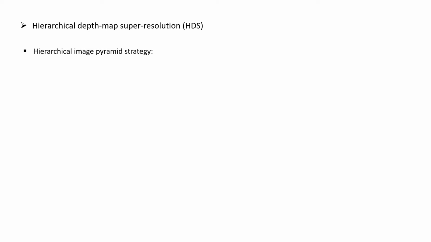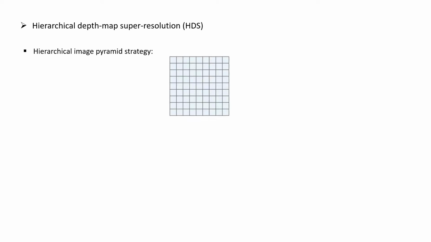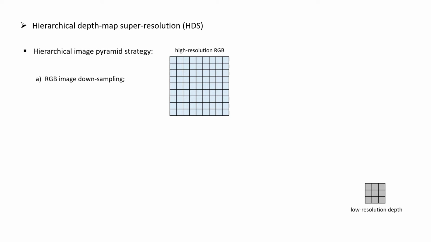The hierarchical image pyramid strategy generally consists of 3 steps. Take the 4 times super resolution as an example. First, the RGB image is downsampled by a factor of 2 in each layer to get the low-resolution RGB images.